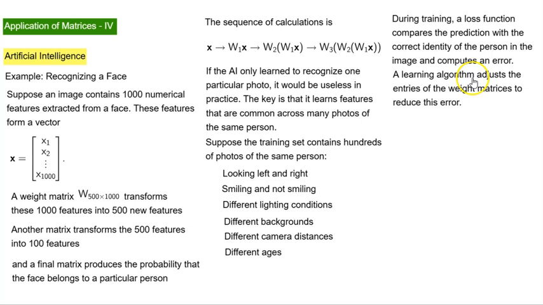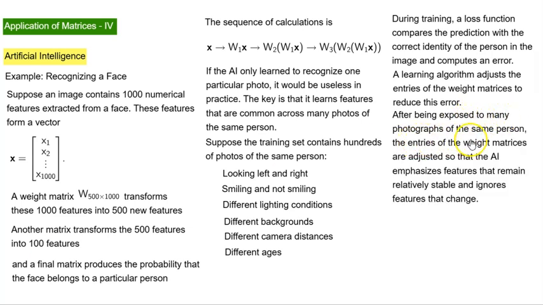A learning algorithm adjusts the entries of the weight matrices to reduce this error. After being exposed to many photographs of the same person, the entries of the weight matrices are adjusted so that the AI emphasizes features that remain relatively stable and ignores features that change. So background may change, so that is irrelevant to recognizing the face. So it will ignore or de-emphasize the background.